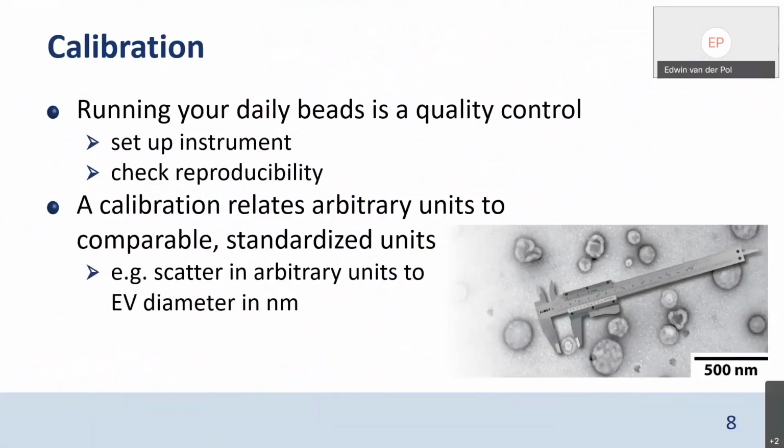In fact, running your daily beads is a very important quality control. You can use it to set up your instrument or check reproducibility. But an actual calibration relates arbitrary units to comparable standardized units. For a flow cytometer and a scatter detector, this can mean that the arbitrary units of scattering are converted to the diameter of EVs in nanometers, for example.